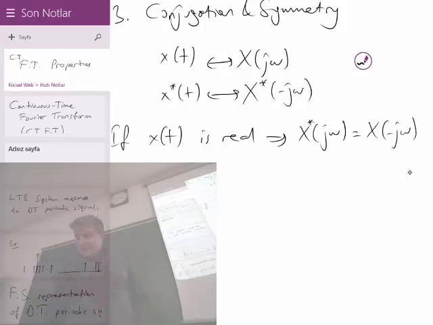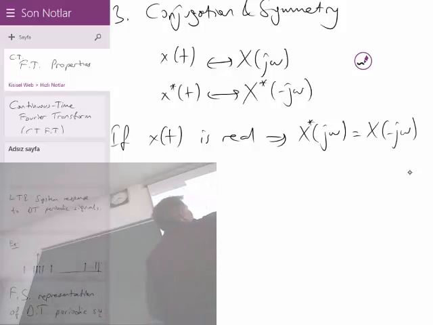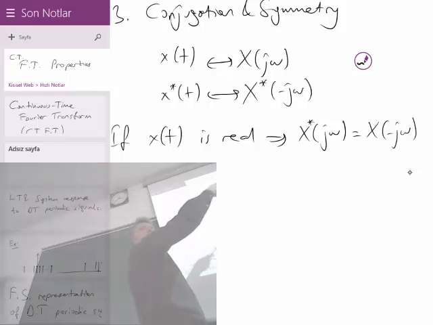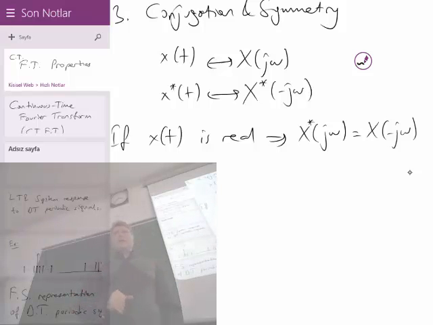I'm saying that the top two things are the same, means that, because x of j omega is equal to x conjugate of minus j omega, let's conjugate both sides. Then x conjugate of j omega will be equal to x conjugate of minus j omega, and x conjugate conjugate is x itself. Which means x conjugate of j omega is equal to x of minus j omega.